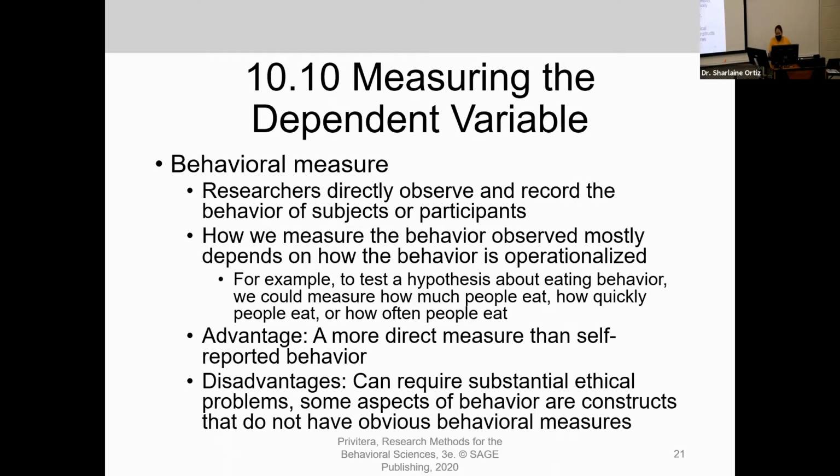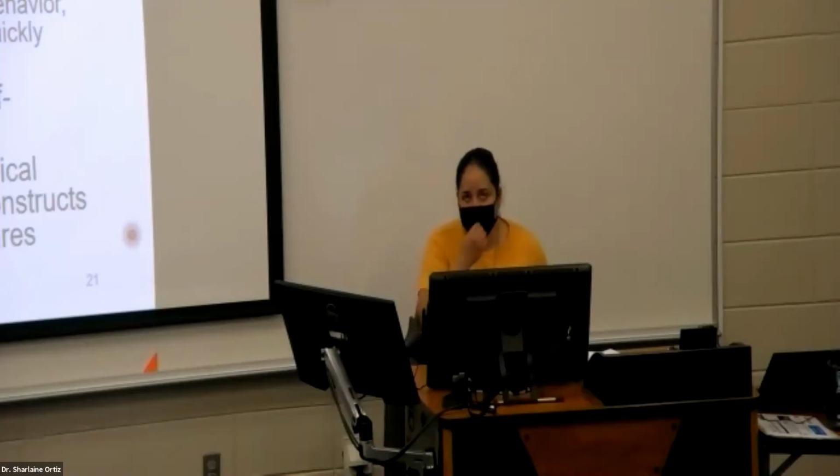The issue, however, is that it might have some issues of ethical concerns, right? Because some behaviors simply do not have a clear definition of what they are. So for example, think I want to do a study about abuse, right?